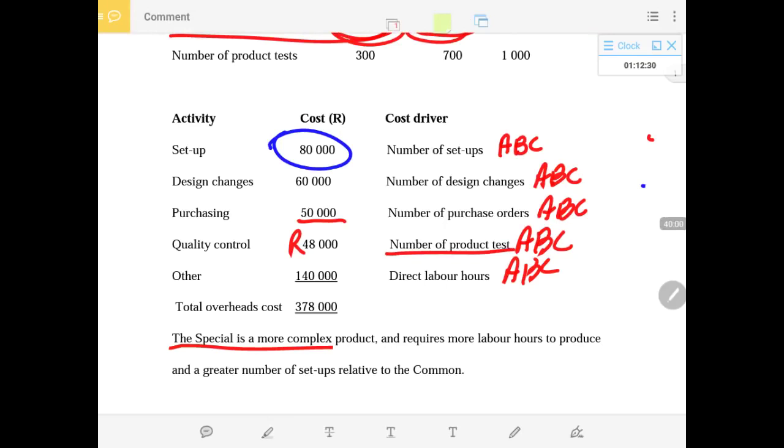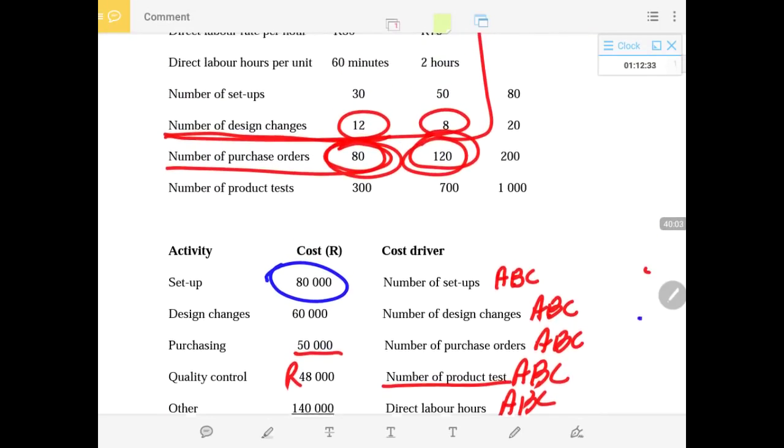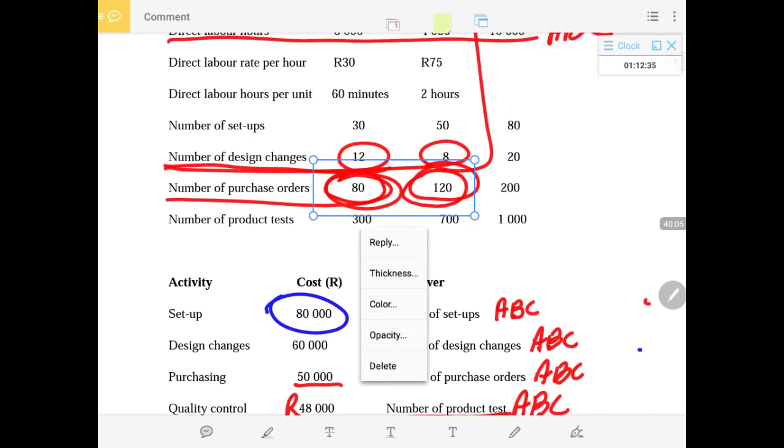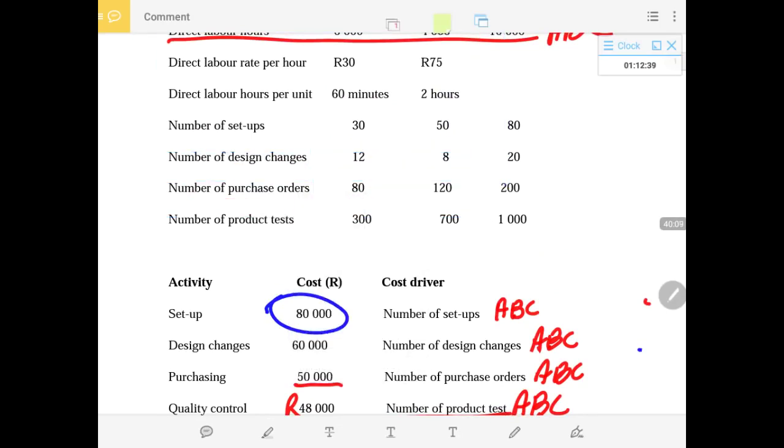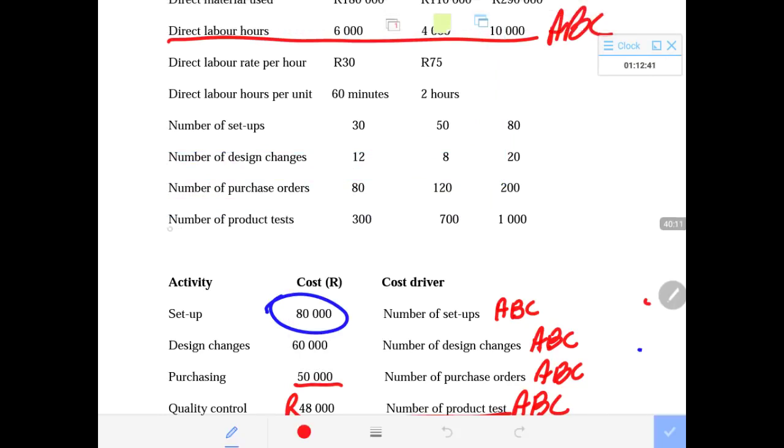If that is the number of product tests, we need to go and check the number of product tests. We look and see that the number of product tests is 300, 700, and the total is 1,000.